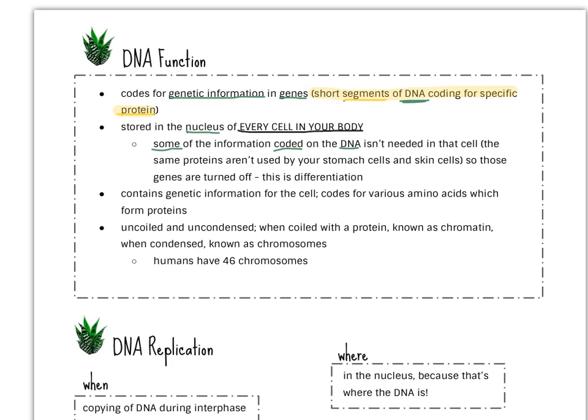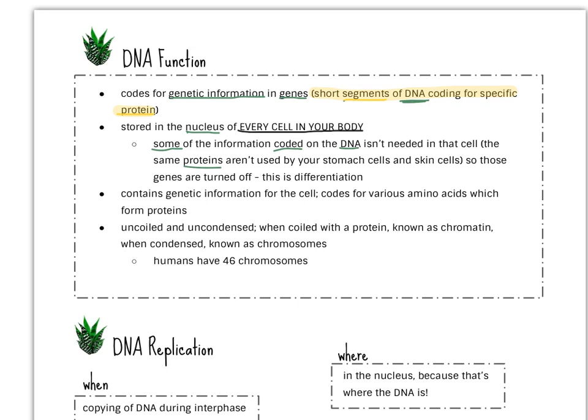For example, the same proteins aren't used by your stomach cells and your skin cells. So your stomach cells and your skin cells obviously do different functions. They have different proteins that are being produced, and they have different energy needs and nutrient needs, and all of those things are performing completely different processes. But in the cell, they have the same genetic information.